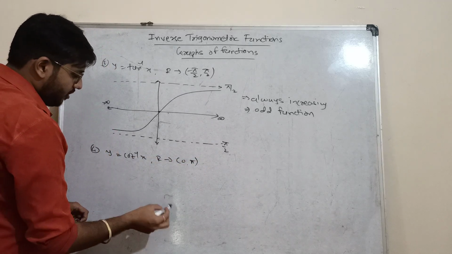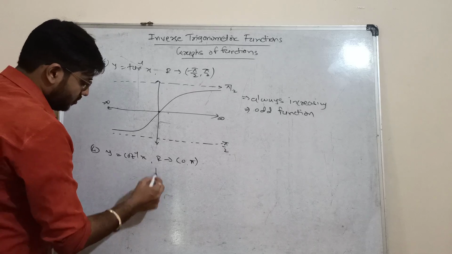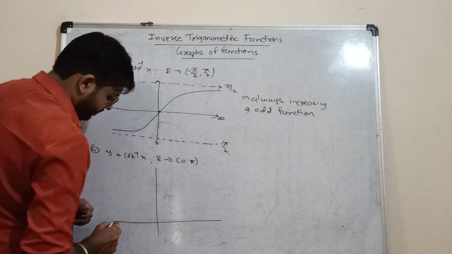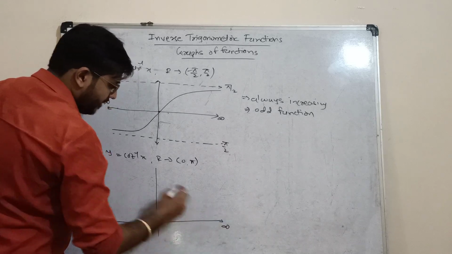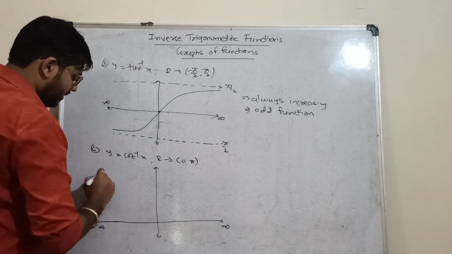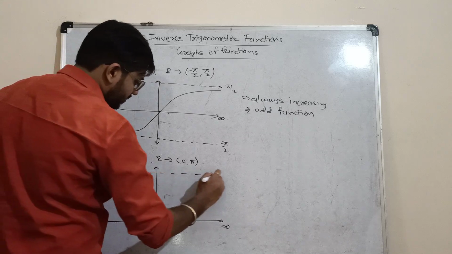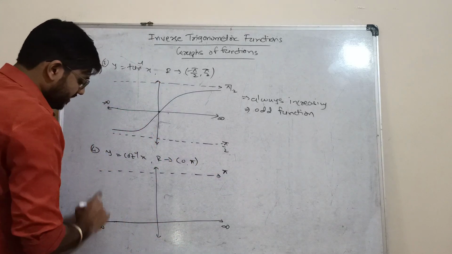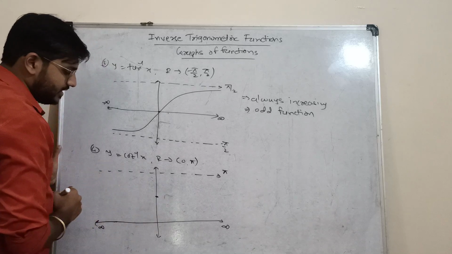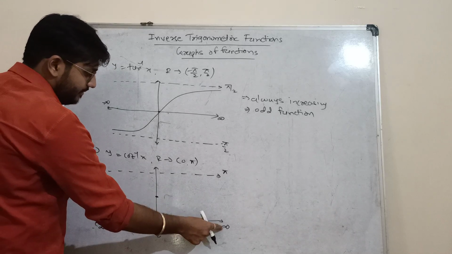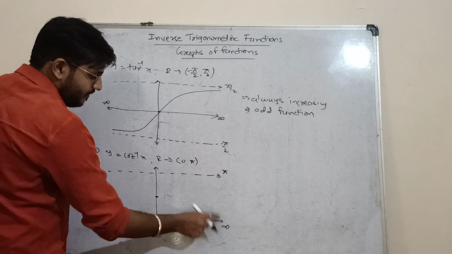Okay, so if I talk about cot inverse, again from minus infinite to infinite, this is the line pi. At minus infinite, cot inverse has answer pi. At 0 it has answer pi by 2, and at infinite it has answer 0.